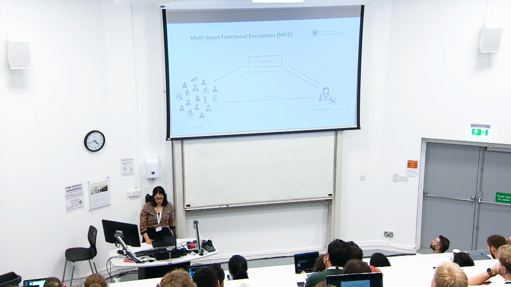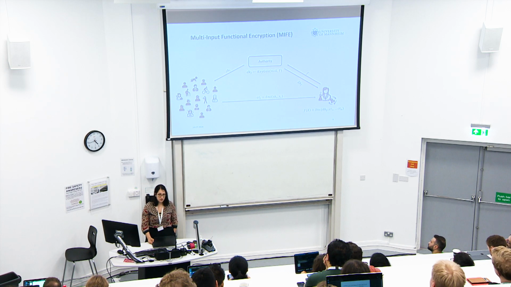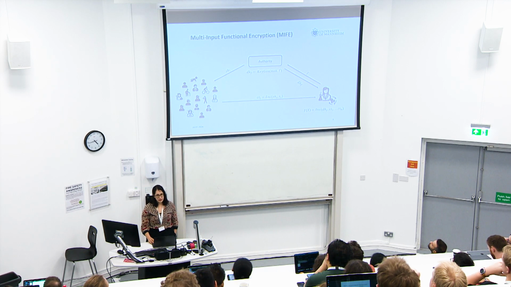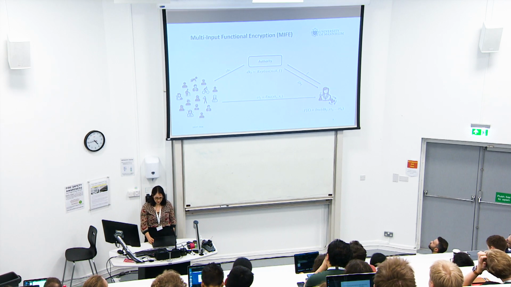The users can now encrypt their data and send it to some data holder that may be the analyst, and the analyst can now request functions and gets decryption keys associated with this function. We believe that this setup most closely reflects the current situation, more precisely the situation of differential privacy.